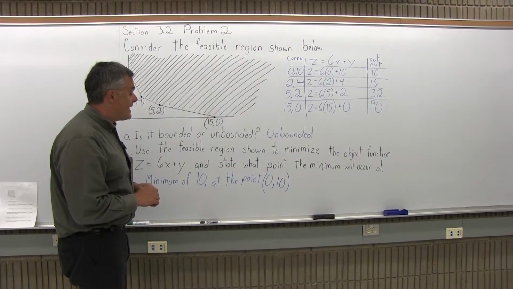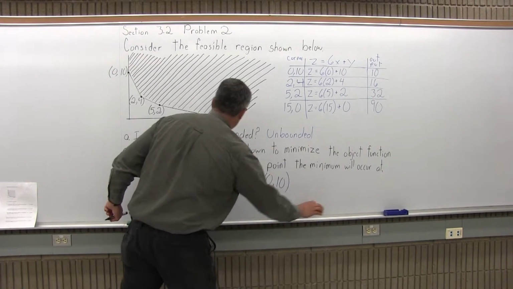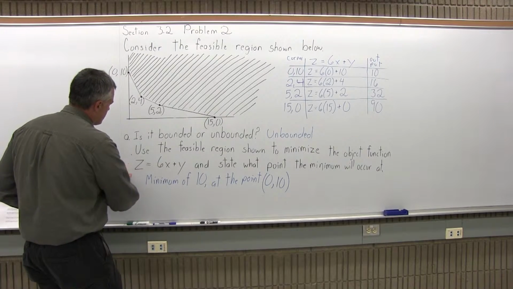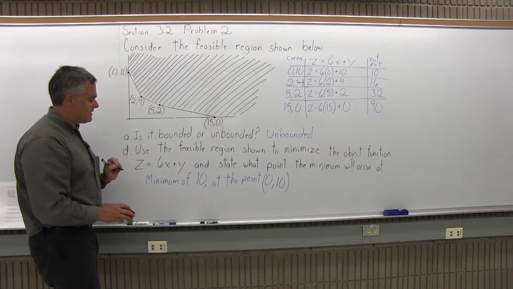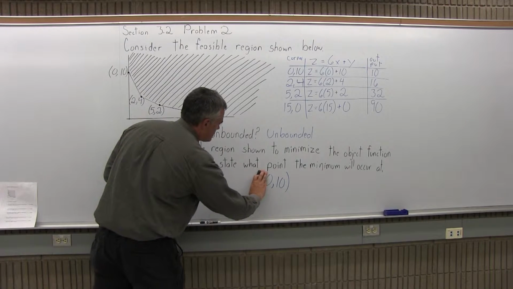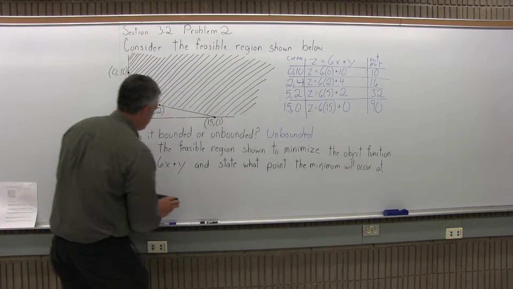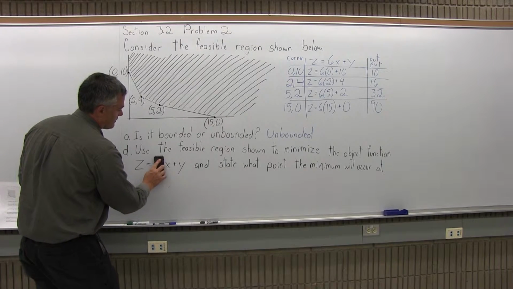So now on to the next part, part D, which again is going to be almost the same. So instead of rewriting everything and redrawing the feasible region, just where it said C, I'm going to make it a D. I'm going to erase my answer from the previous part of the problem. The only difference between part C and part D is the object function.